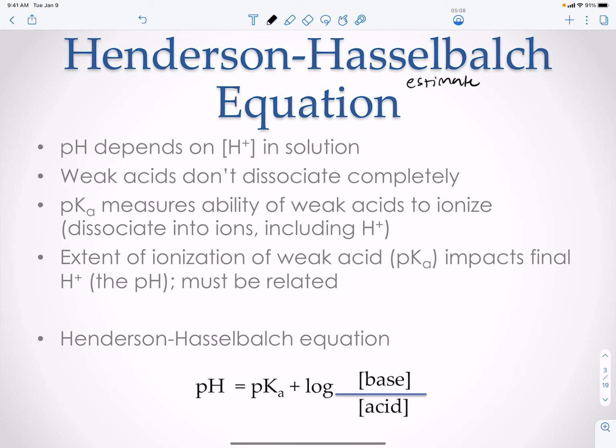So it estimates pH of a buffer solution, and it can find the equilibrium pH in an acid-base reaction.